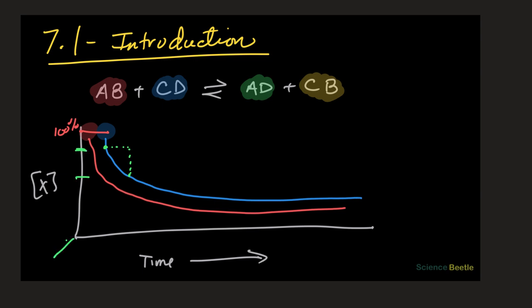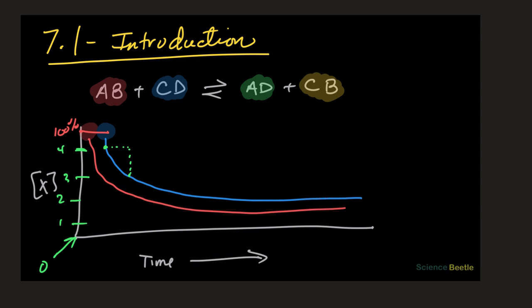If this point is 0, you can have tick marks, and just for reference we'll say 1, 2, 3, 4, and these are molar concentrations. At the beginning we went from a concentration of 4, and as the reaction continued, it reduced to a concentration of 3 in this little period of time. All these changes are going to happen, but eventually the change is going to flatline. Same thing for the red one.